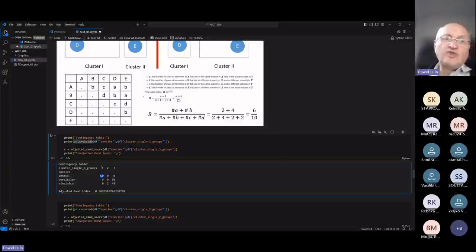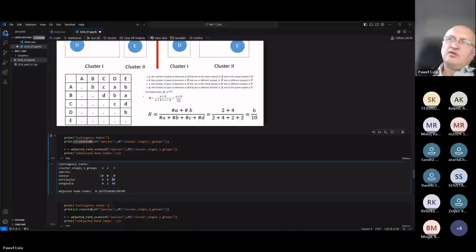It does not know that these flowers belong to Setosa group. It is the first cluster, but it was recognized properly because there are no objects from Setosa group in these two other clusters.